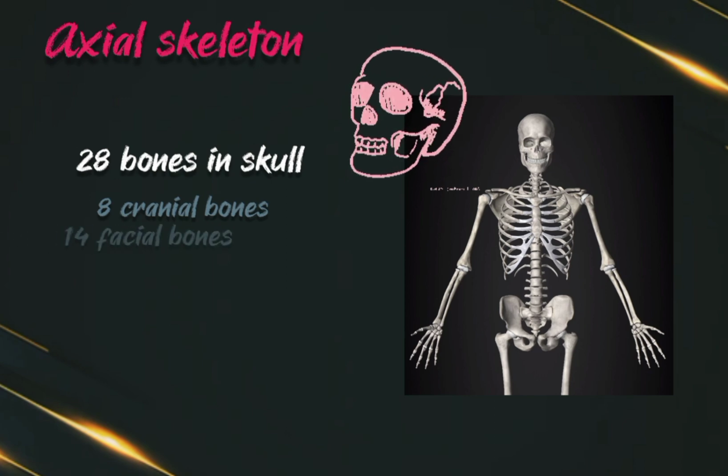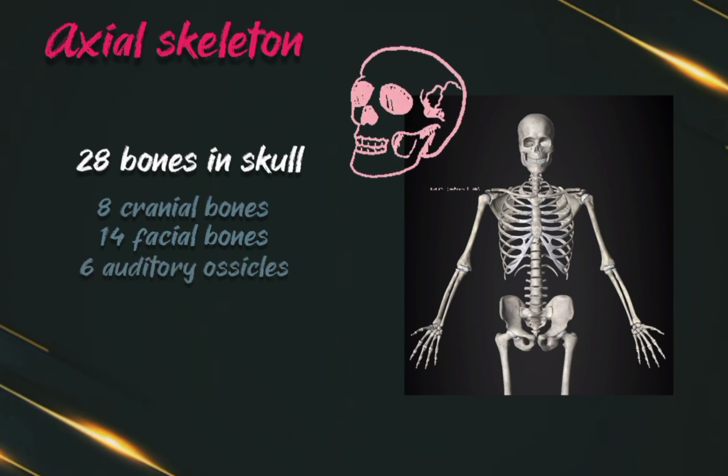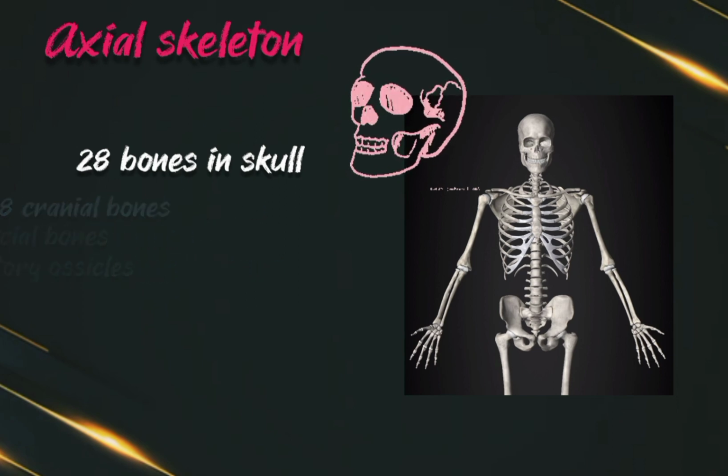Next are the 14 facial bones, which make up the face and the facial features of the human body. The remaining 6 are the auditory ossicles, which are present inside the ear and help in hearing. In the neck there is one hyoid bone, which is part of the axial skeleton, and on the posterior side there are the 7 cervical vertebrae.